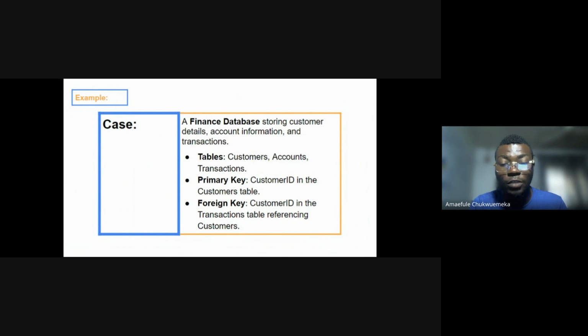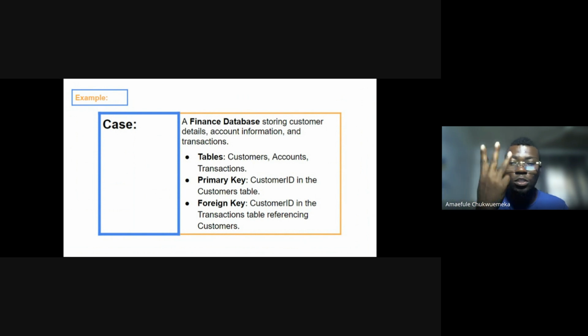You also have the customer gender, you also have the customer age. So all these records, all these fields, they will be in the customer table. So we have the accounts table, and then we have the transaction table. So that's three tables. These three tables are in the financial organization database. So that's one database having three tables.